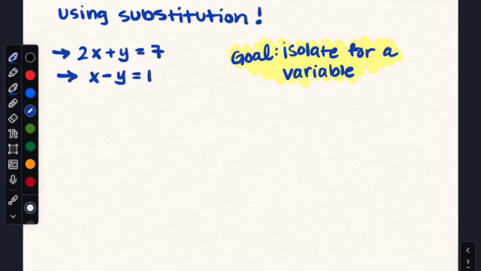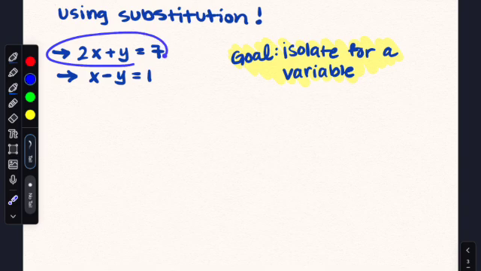But some key factors that you would want to consider when picking which variable you want to isolate for is always try to isolate for the one that is closest to already being singled out. If you look at the first equation right up here, you notice that you have a 2x and a y.